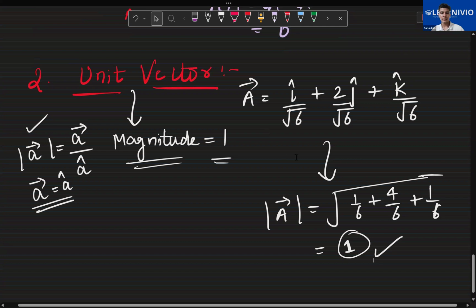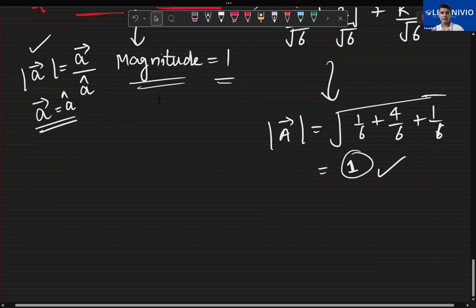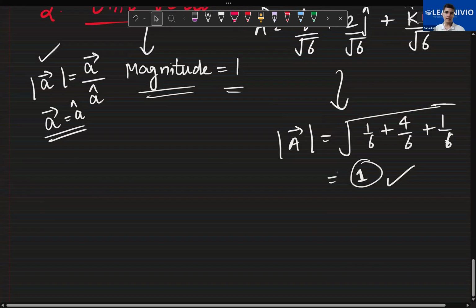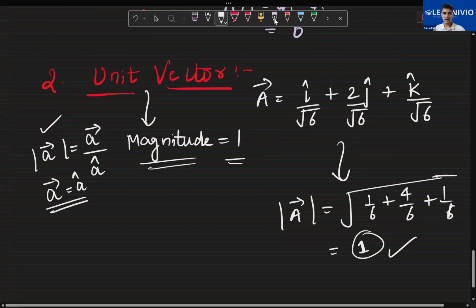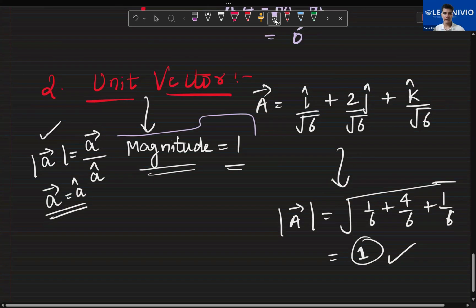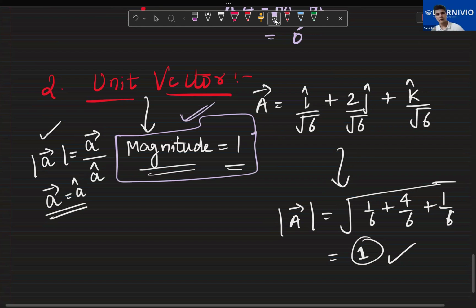And remember this, magnitude of a unit vector is always 1. This is the most important thing you have to remember about the unit vector, that magnitude is always 1. Is it fine? Yes. Is it clear?